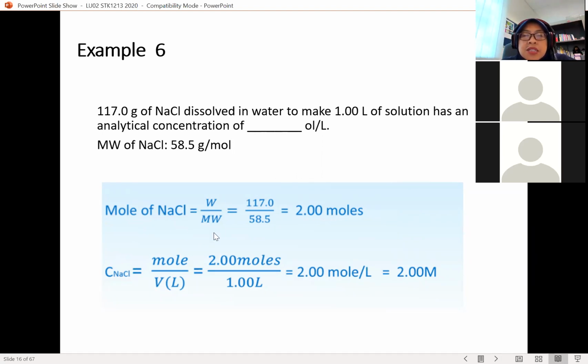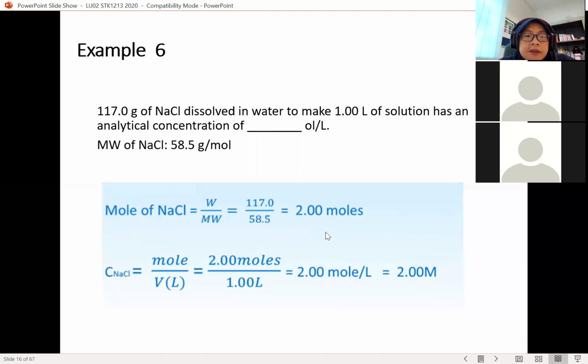We're going to use this a lot in solving analytical chemistry problems. Mole equals mass per formula mass. We have the mass given in the question, which is 117, and the formula mass, 58.5. So you can calculate the mole, which is 2.